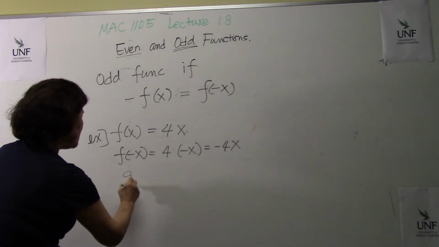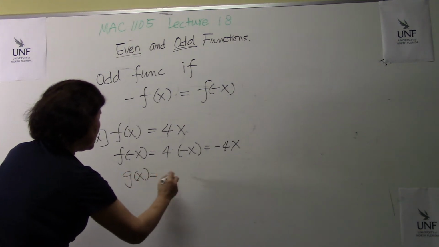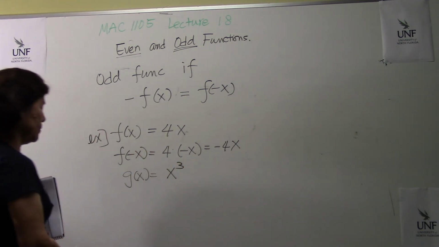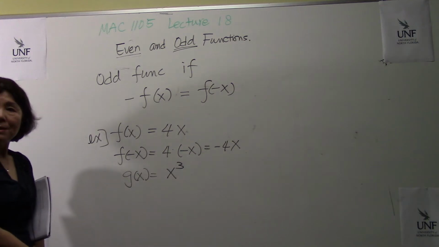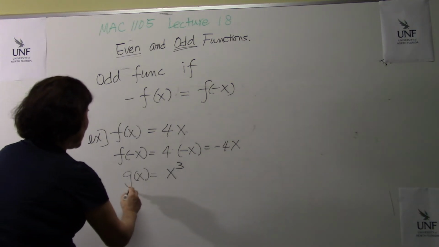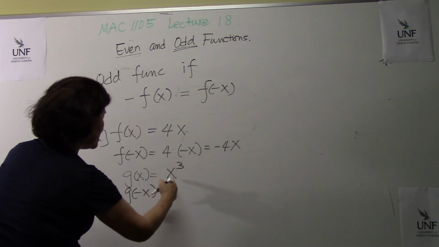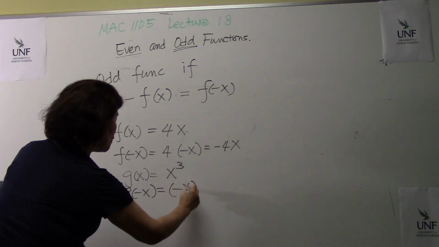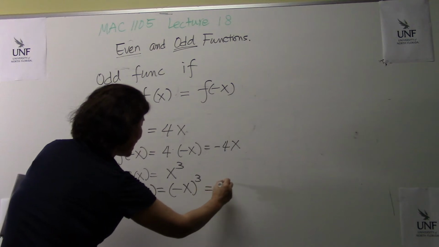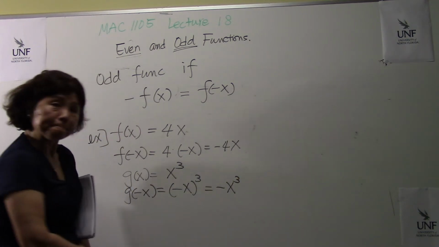Well, let's make another example. Like x cubed. g of x equals x cubed. What about g of negative x? g of negative x is negative x cubed. Isn't it? Okay?